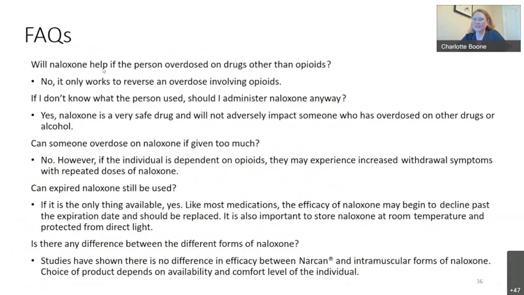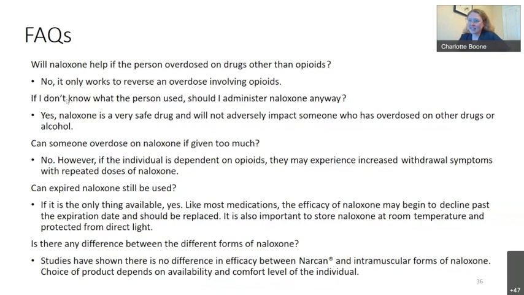So the first FAQ is whether naloxone will help someone if they've overdosed on a different substance, so something other than opioids. The answer is no, because it's an opioid blocker. So it really works to reverse the poisoning of an opioid. The next question is, if you don't know what the person's used, should you just administer naloxone anyway?